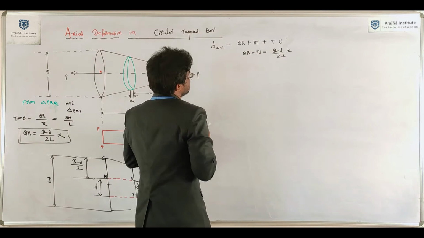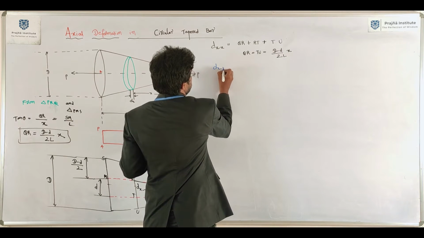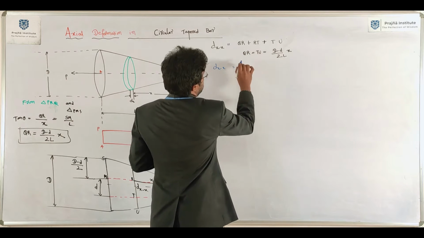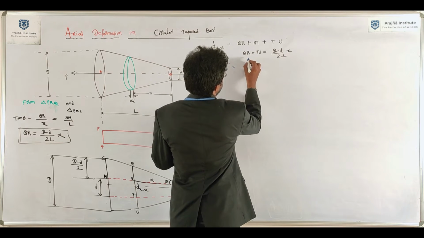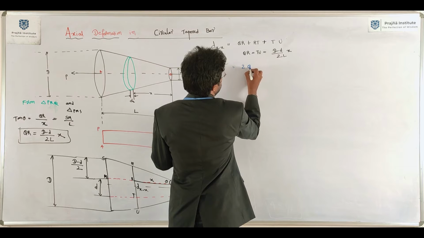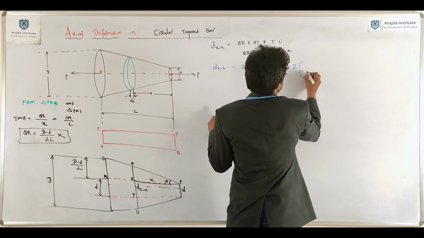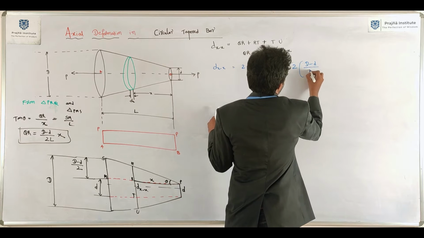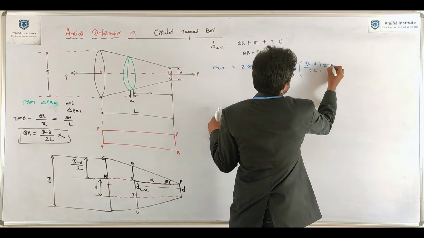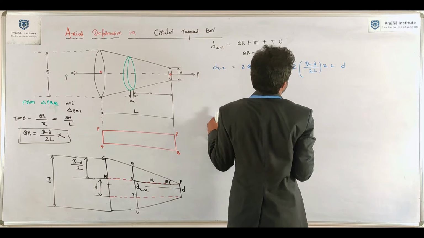Now finally, what is dxx? Dxx equals, here what will you get, tell me? 2QR plus RT, that is 2 times (D minus d) by 2L into x plus small d.